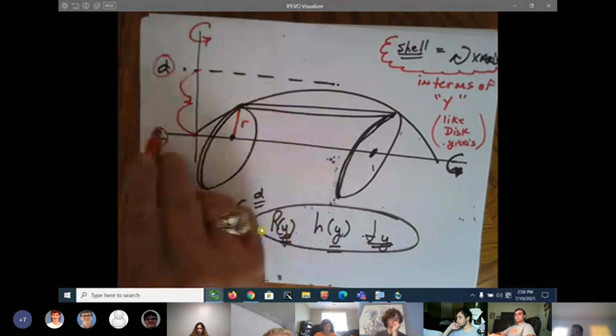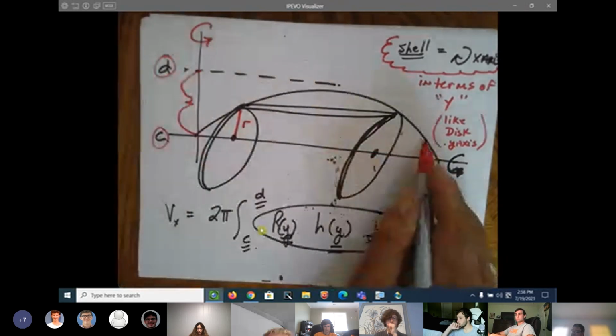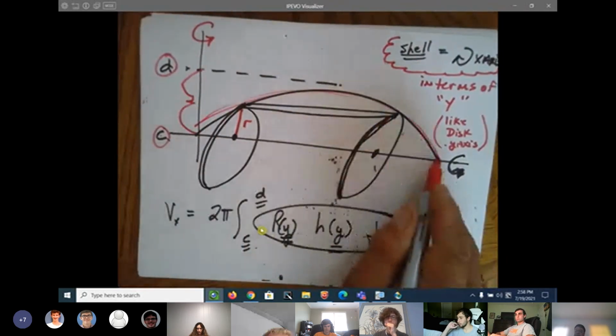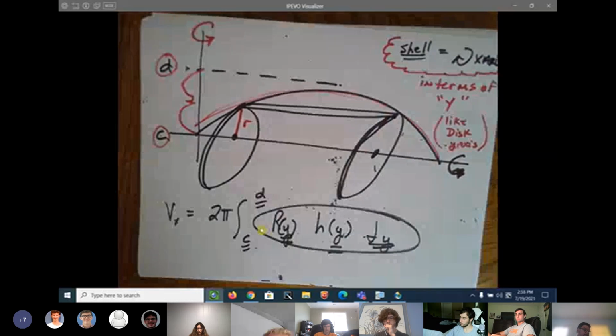And your height is going to be your actual function. All right, it's a whole lot easier when you look at an example, just trust me. If I can find one.